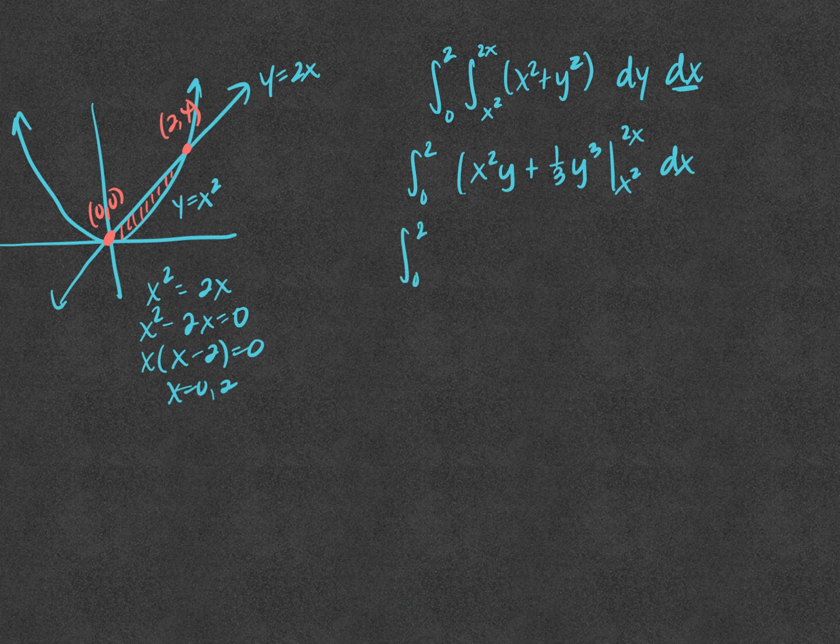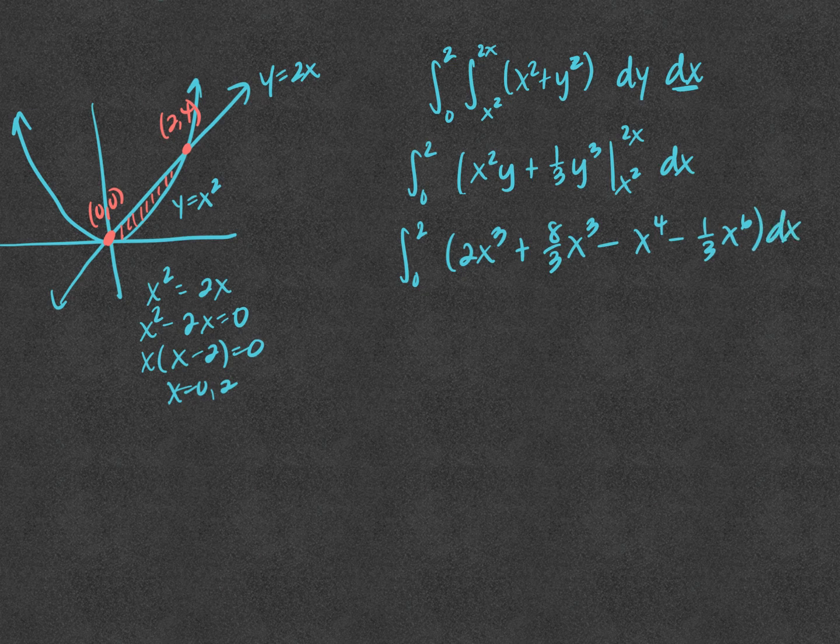Now we have x squared times 2x, which gives us 2x to the third, plus 1/3 times the value of 2x to the third, which is 8x to the third. So we have 8/3 x to the third, minus x squared times x squared, which is x to the fourth, minus 1/3 x to the sixth, dx.